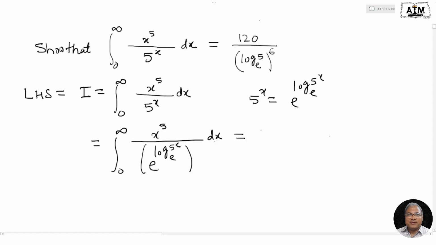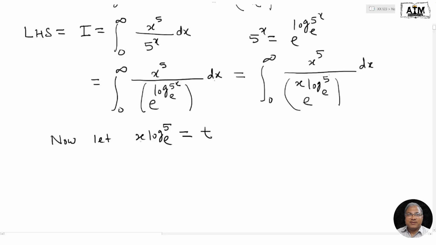This can be written as integration from 0 to infinity of x raised to 5 divided by e raised to x log 5 to the base e with respect to x. Here I have utilized the logarithmic property.